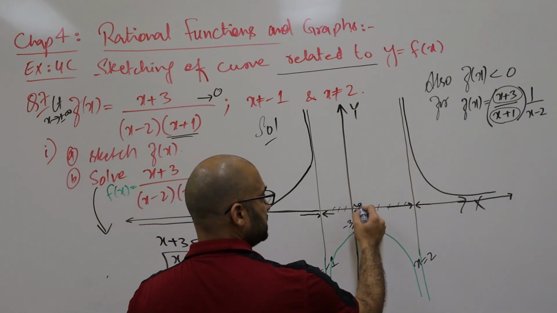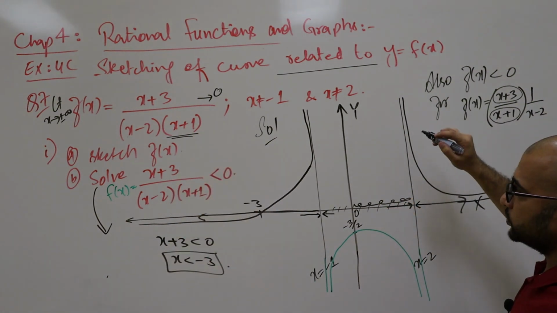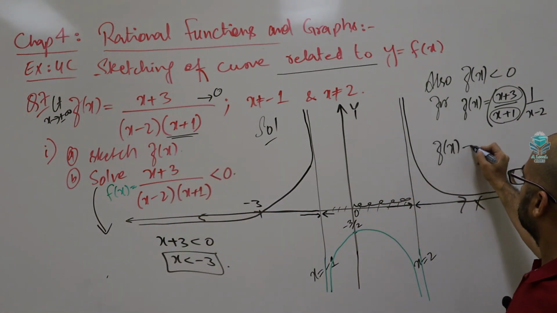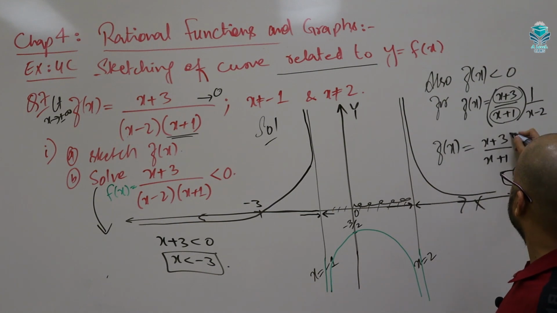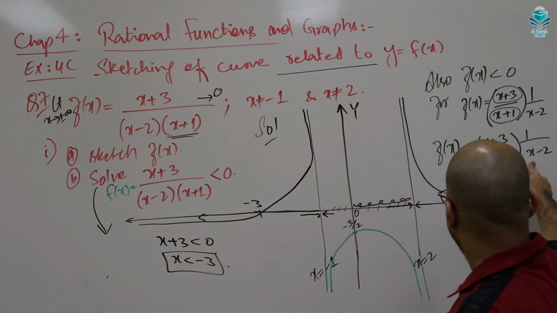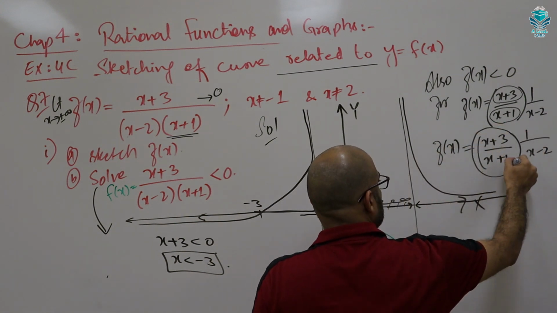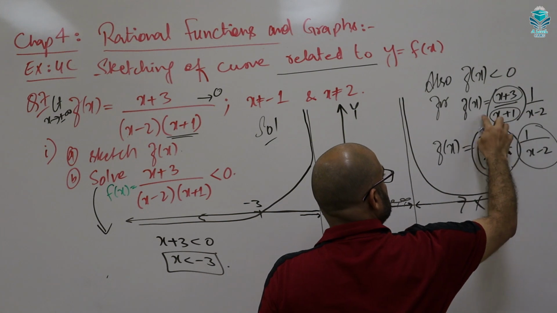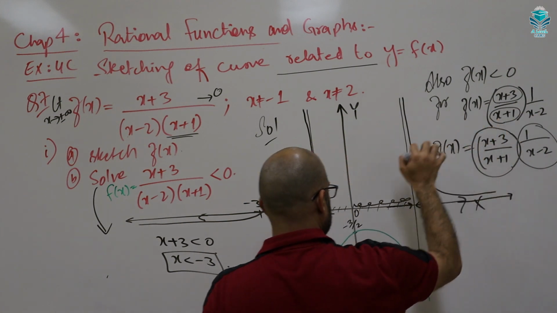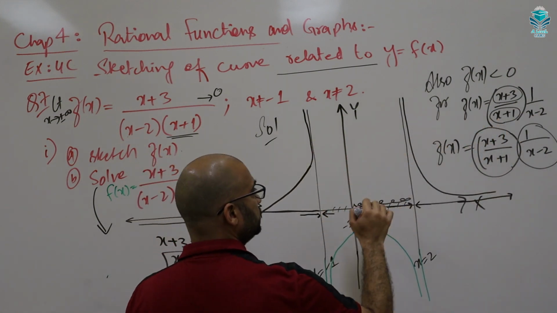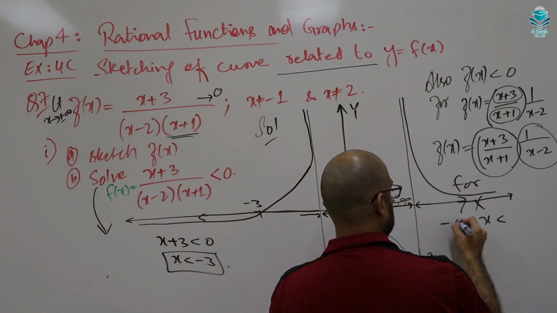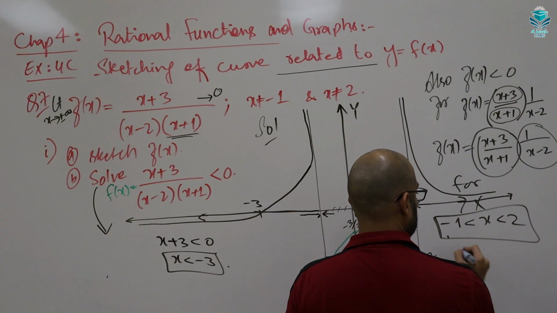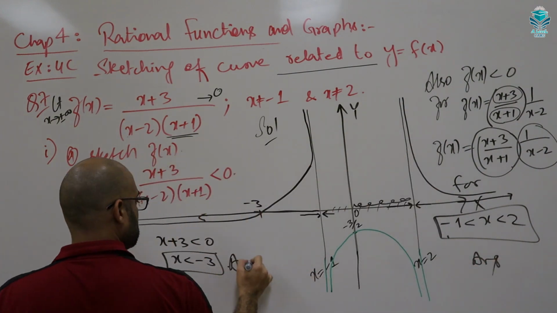And also for the range from 0 to 2, with x plus 1 the same, it will be negative. This is a positive factor, this is a negative factor. So f(x) is negative for -1 to 2. So both are your answer.